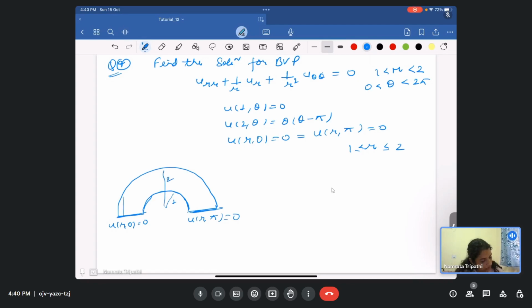So we have to find the distribution in this sector. Fine. At this boundary, u(1, theta) is 0, and on the outer boundary u(r, theta) is given, meaning u(2, theta) is theta(theta minus pi). Okay, the problem is clear. Again we will use the variable separable method.